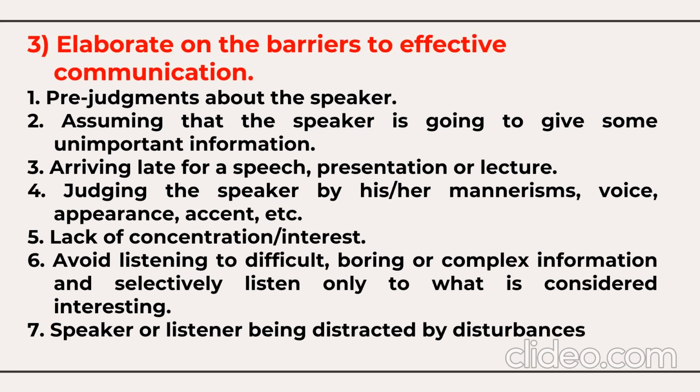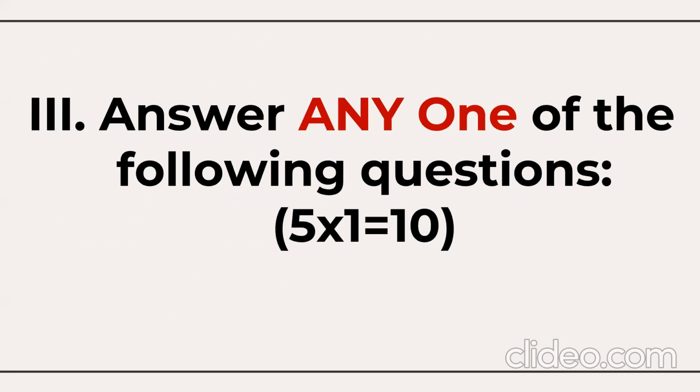You become a selective listener, and sometimes you get distracted by disturbances. So these are the barriers to effective communication. So these were the questions for 10 marks. I have given only the limelight, not the complete detail. Wherever the questions are easy, I have not focused much, so you can add your answer.